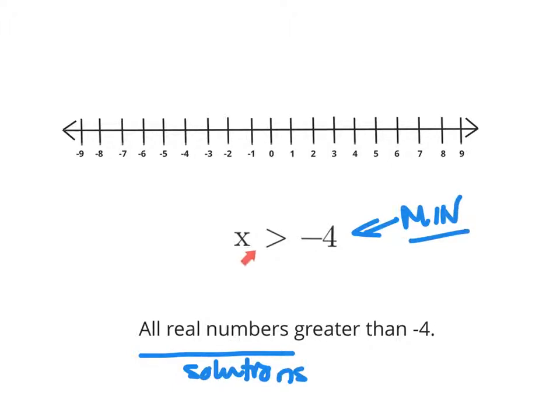Because it is a greater than symbol, I'm going to have an open circle at -4, and my solutions are going to go to the right, starting at -4 but not including -4.